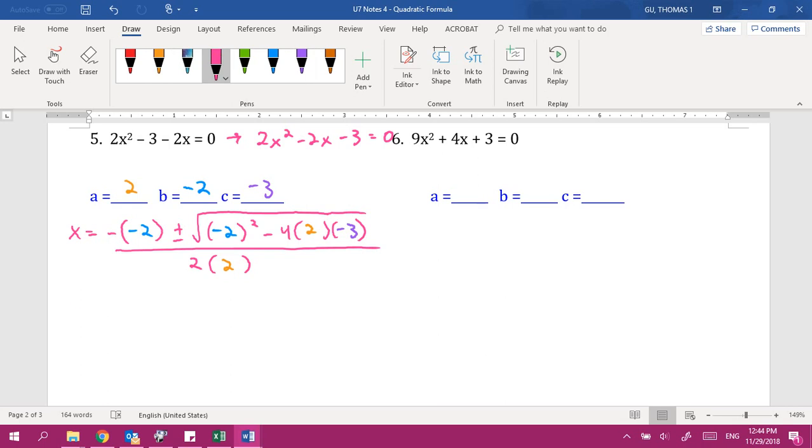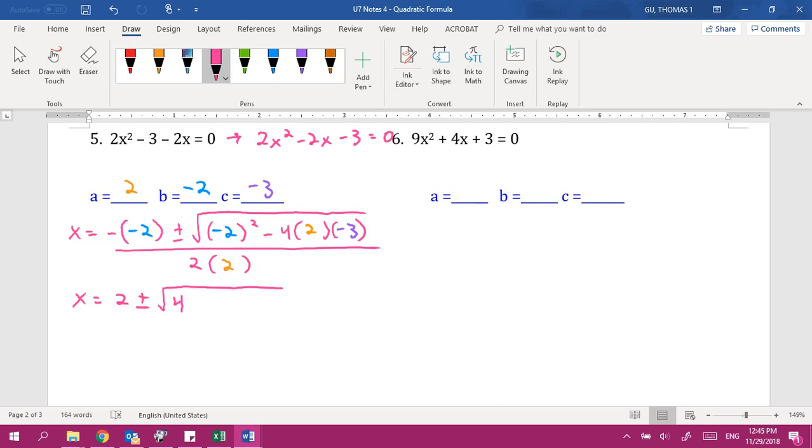All right, so let's multiply the things out that we can. So we got x equals, what is negative 2 times negative 2? That's positive 2. Plus and minus the square root of, what is negative 2 squared? 4. And then we have negative 4 times 2 times negative 3. What's that? Positive 24, because there's 2 negative signs in there.